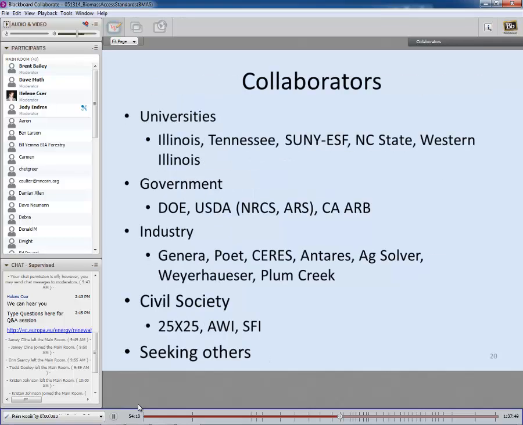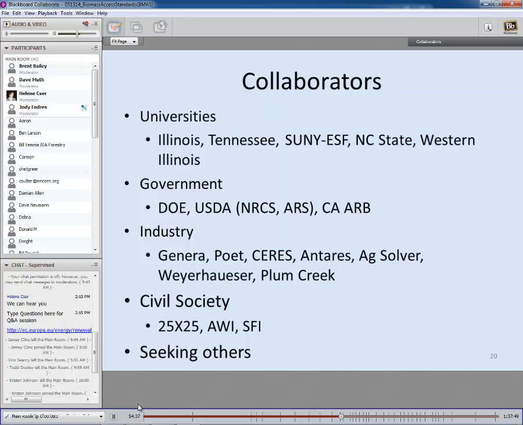So this is a list of our collaborators, whether more passive observers or active collaborators in the process. I know that some of them are with us in the meeting today, and I really want to thank them for their continued support in capacity building.